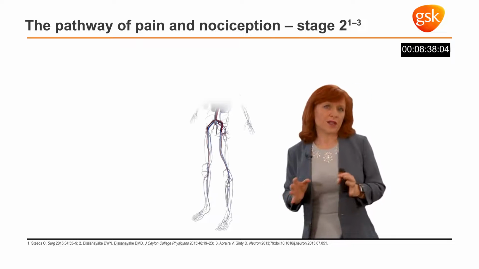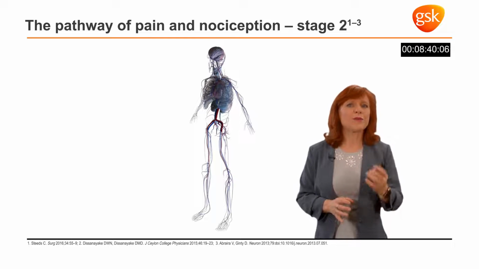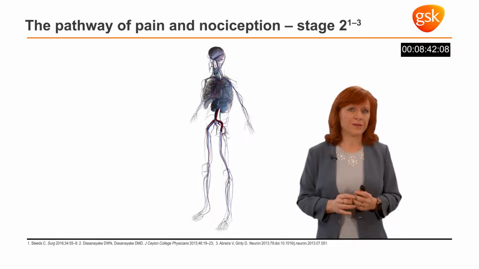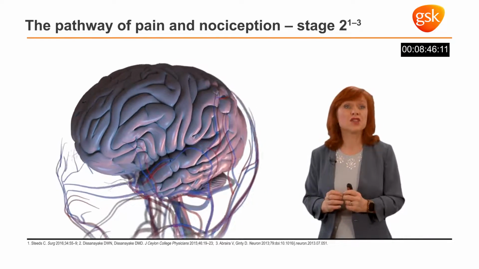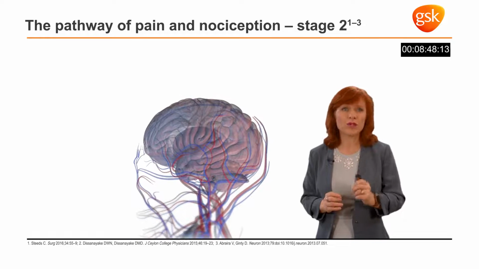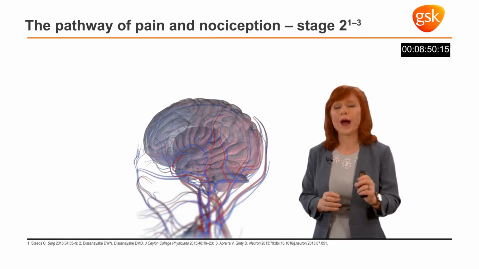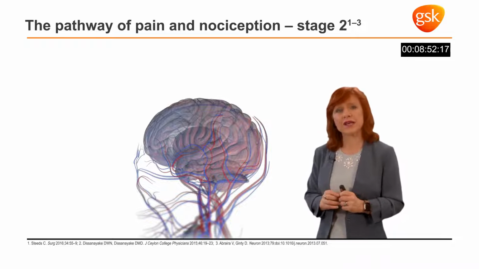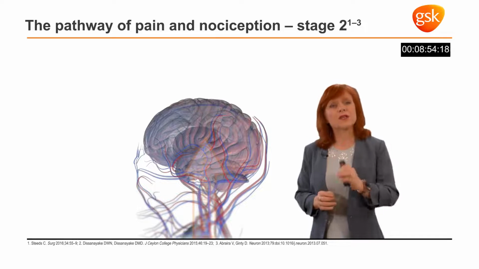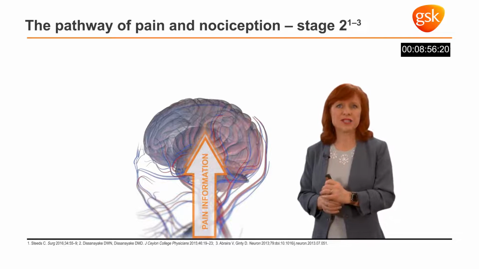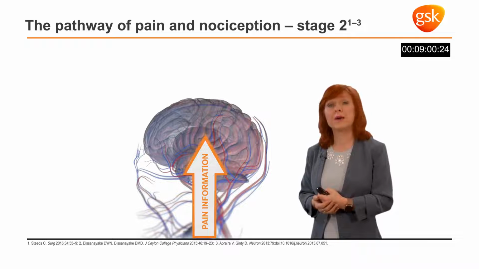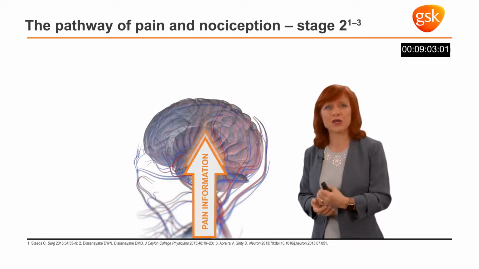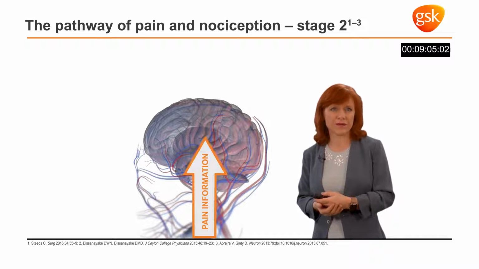So if we look at the pathways going on, we start with the parts of the brain involved, and we begin to get an idea of why pain is so subjective and so complex. And we can also begin to see why and where analgesics exert their control. At the spinal cord level, the passage of pain information from the periphery to the central areas is controlled by a number of mechanisms, and these modulate the pain signals.